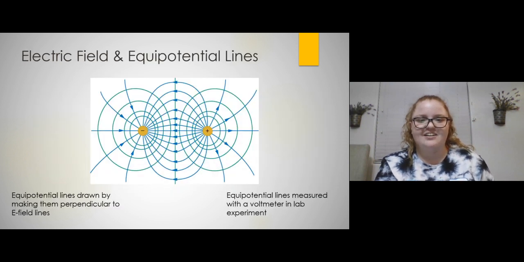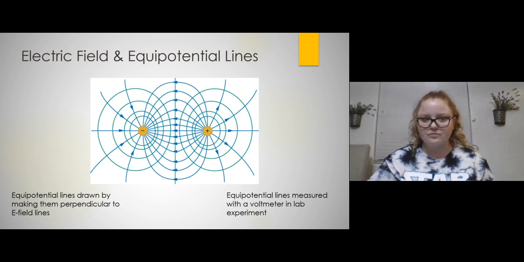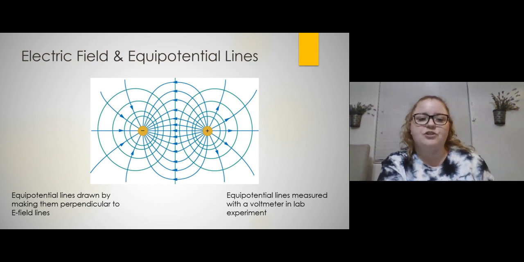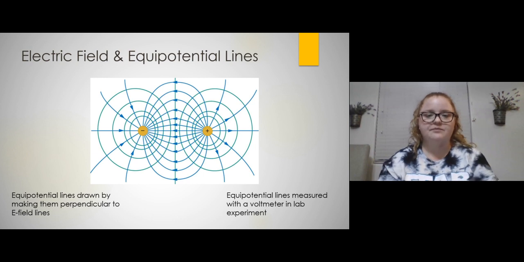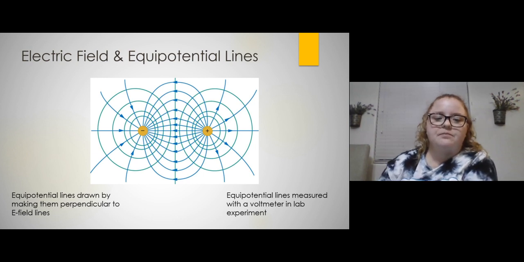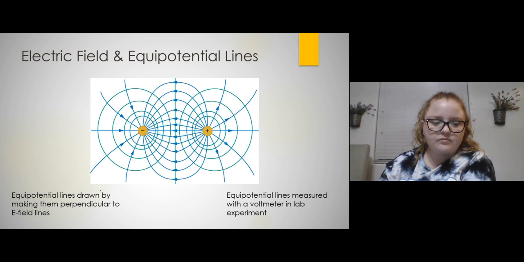All right. I am going to quickly show you guys multiple charge electric field and equipotential lines. This is where we have a positive and a negative, so attraction between two charges.